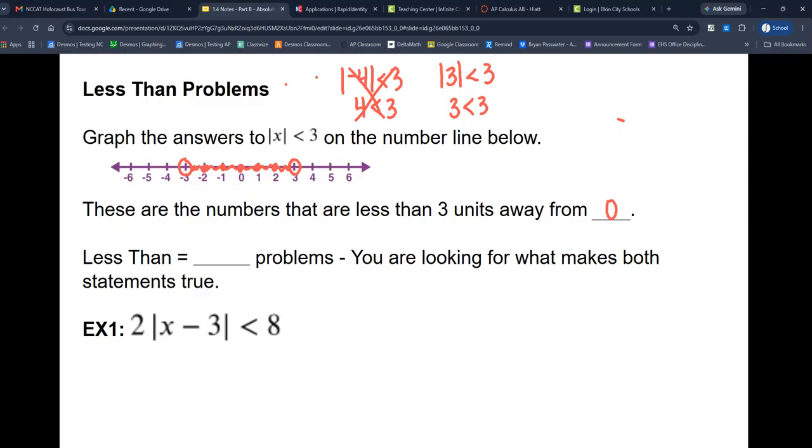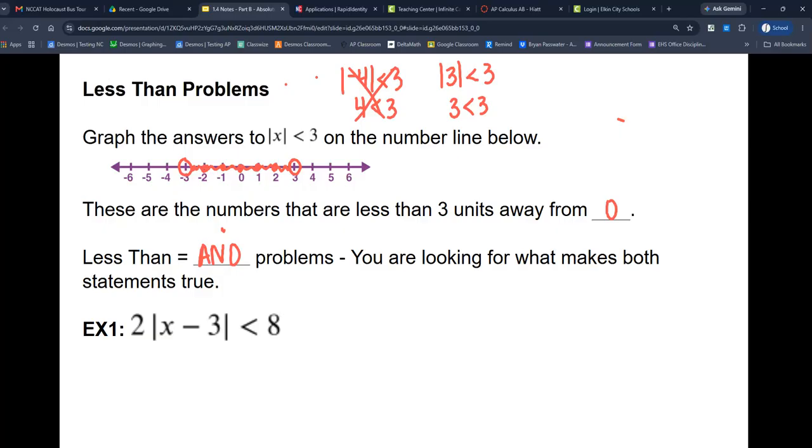They meet both criteria. So when we have an absolute value inequality that has a less than sign, these are and problems. For this to work, we have to have 2 things that are going to be true, and I'll show you what that means here in a minute.